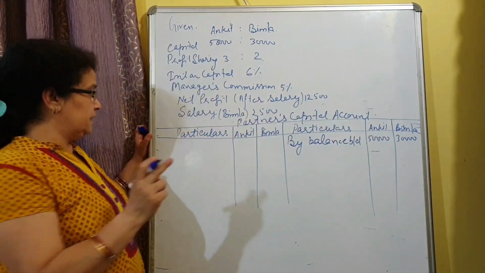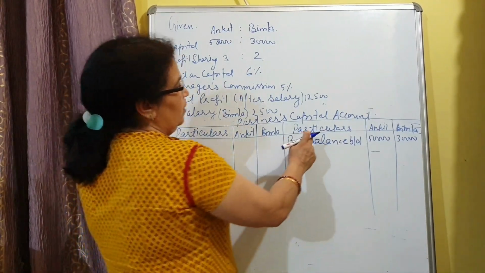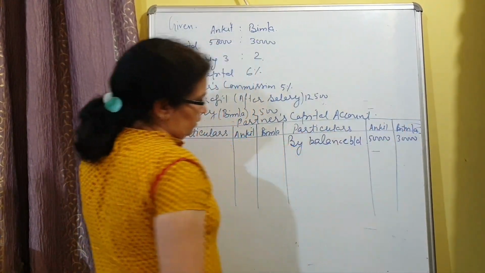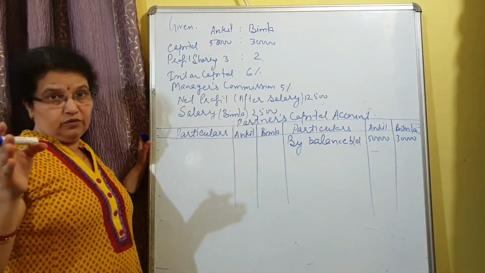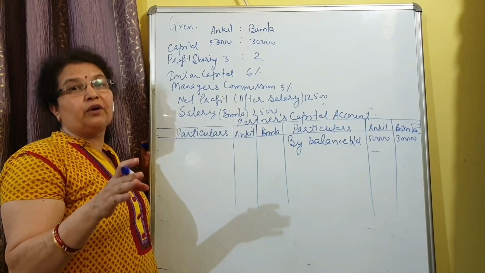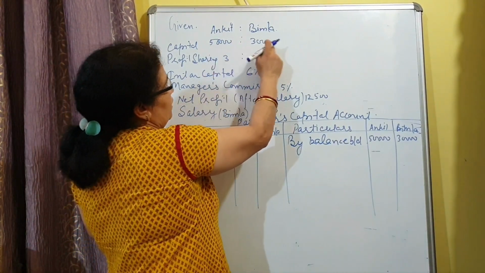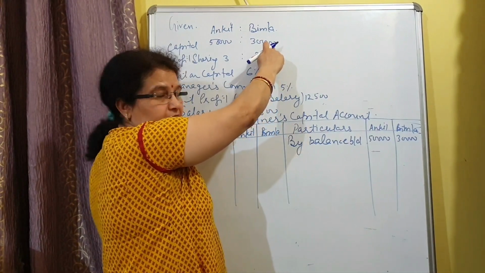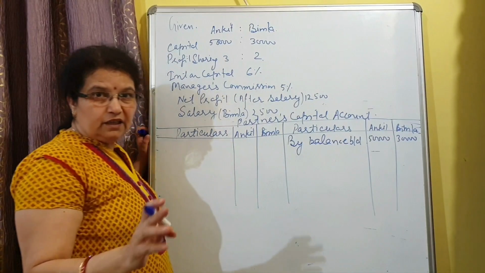The format of this is particulars, amount of each partner, particulars, and amount of each partner. In place of making two separate accounts, we have to make a combined format of both the partners. In that case, firstly we have to mention the capitals of the partners, by balance b/d 50,000 and 30,000.